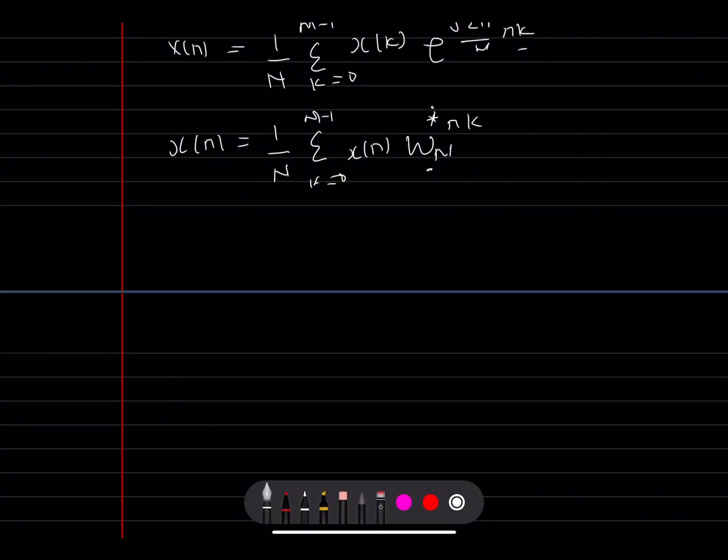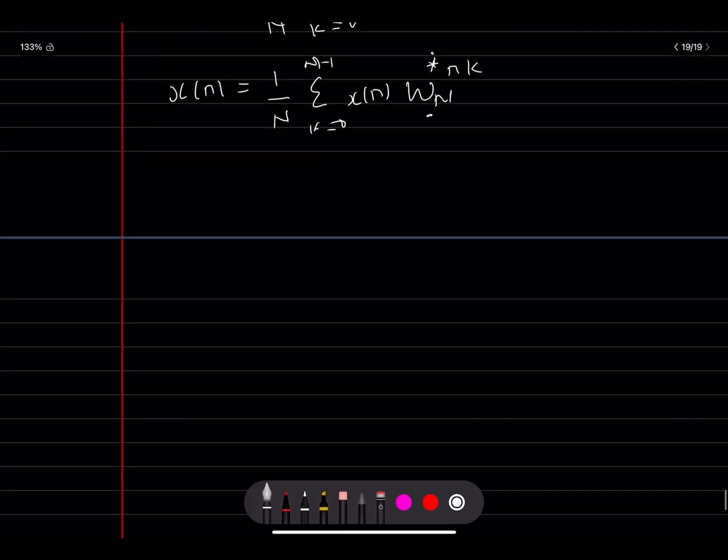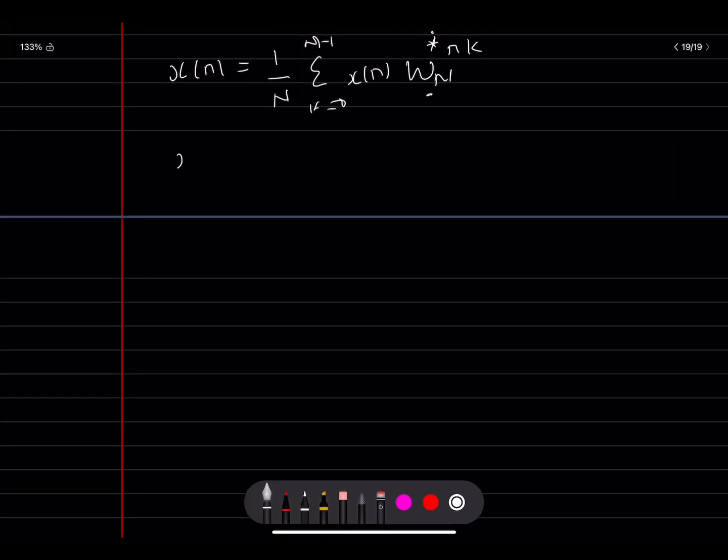Based on that, we can also write it in such a way that x of n is equal to 1 over N, and then we multiply X of k by the Twiddle factor, but it should be a complex conjugate.